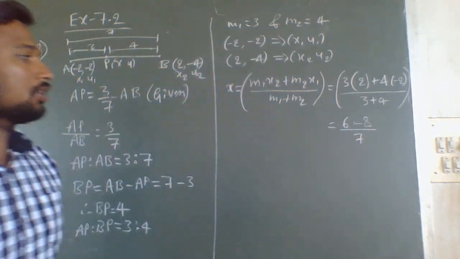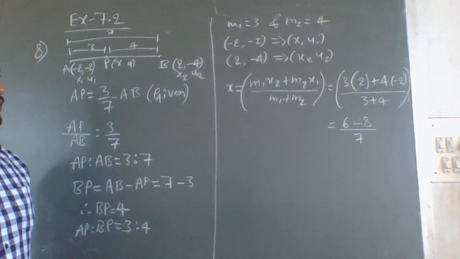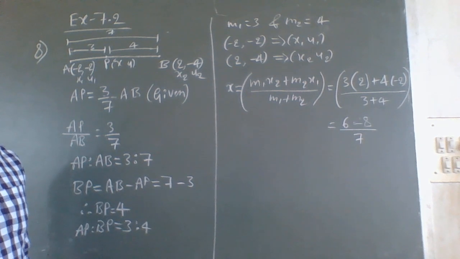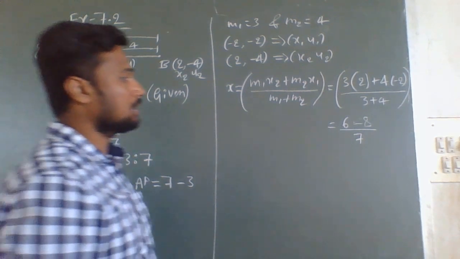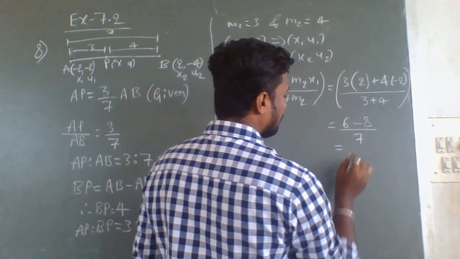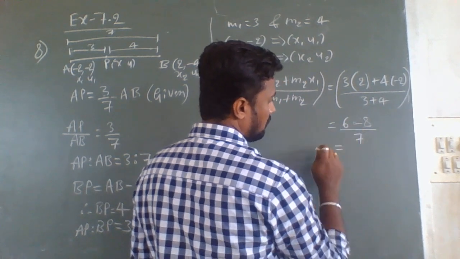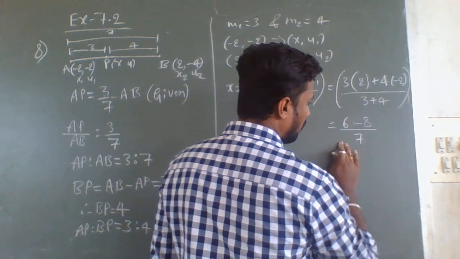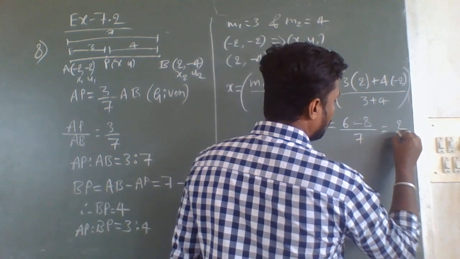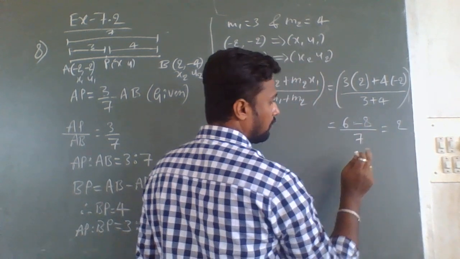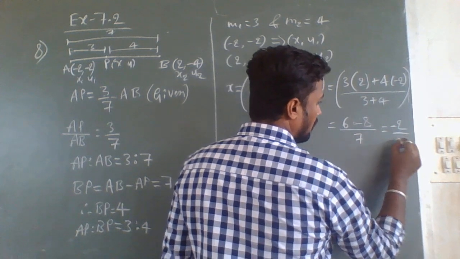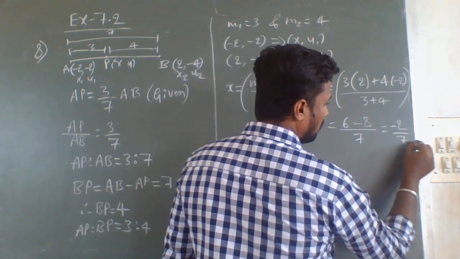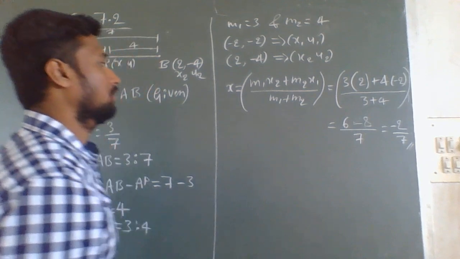So now we got 6 minus 8 divided by 7. So 6 minus 8 means what we will get here? Plus into minus is minus, therefore we have to subtract. 8 minus 6 means what we will get? 2, and the sign in front of the higher value is minus, therefore the x coordinate value is minus 2 by 7.